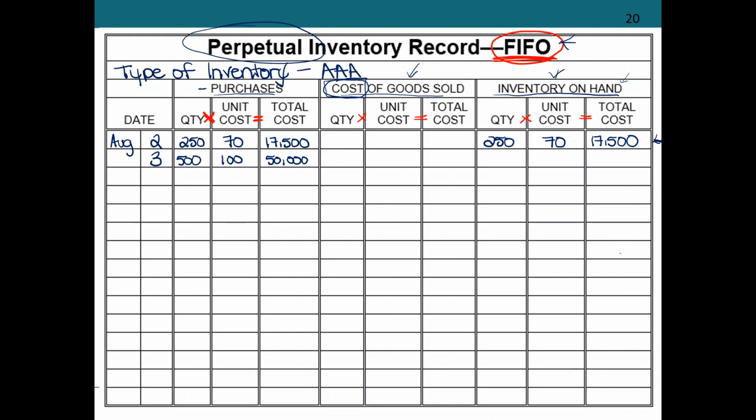So every time we buy something, we still need to keep track of each separate cost that we've got. So you have to carry down that first purchase that we made. So over here, you bring down the $250 at $70 is $17,500. And then right below that, we now add the new purchase that we have.